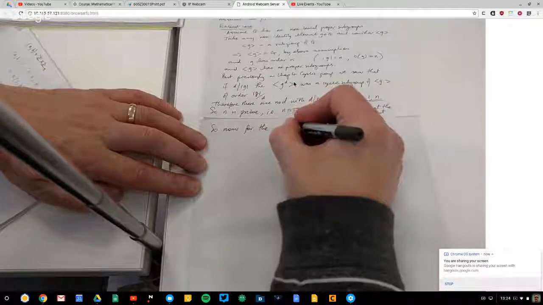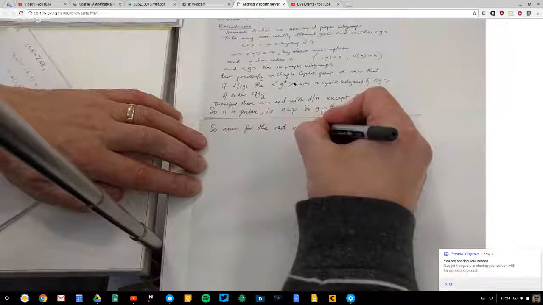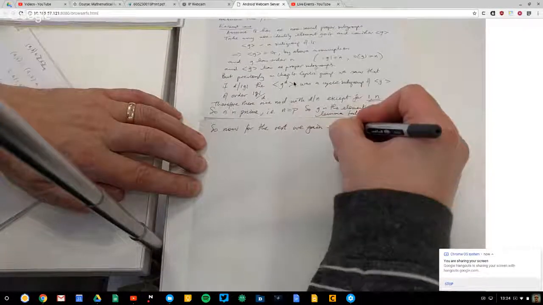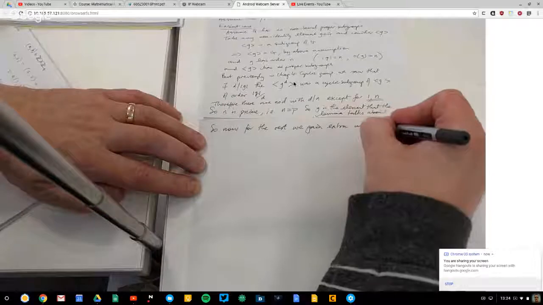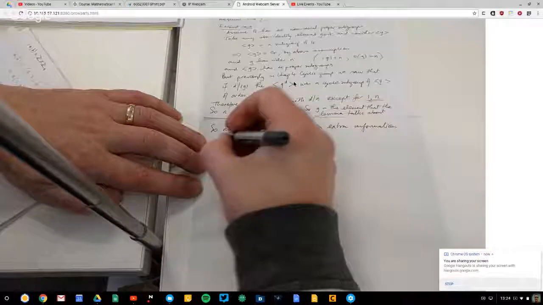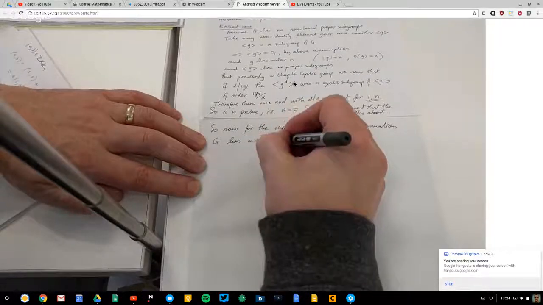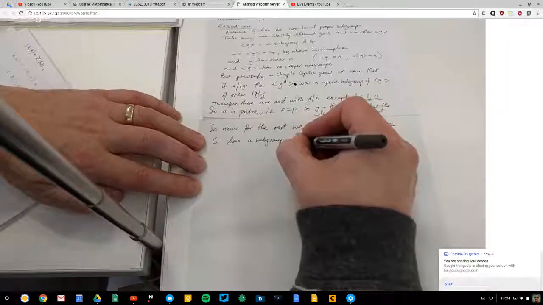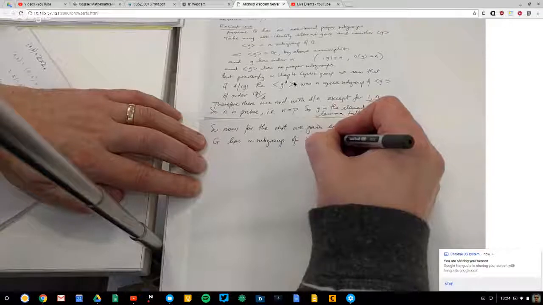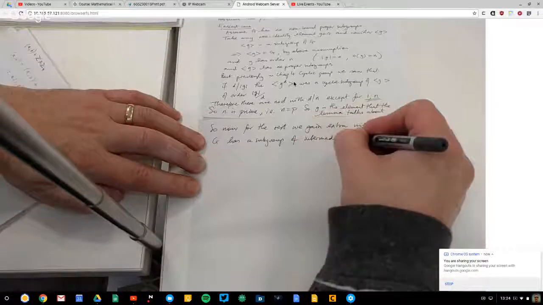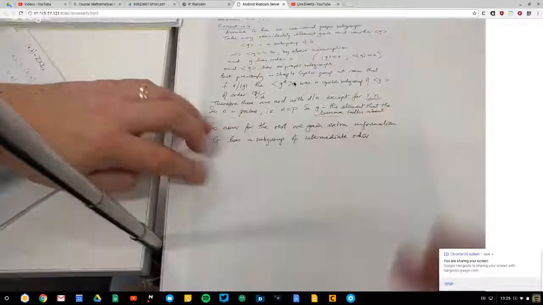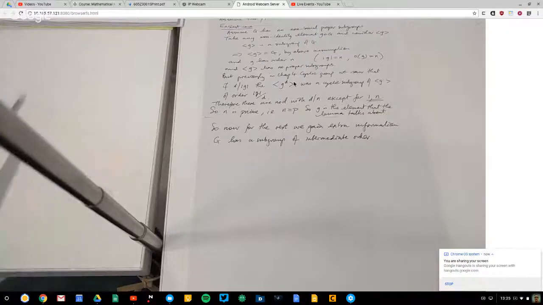we gain an extra assumption. We gain extra information. G has a subgroup of intermediate order. Not the trivial subgroup, not all of G itself, but some genuine one.